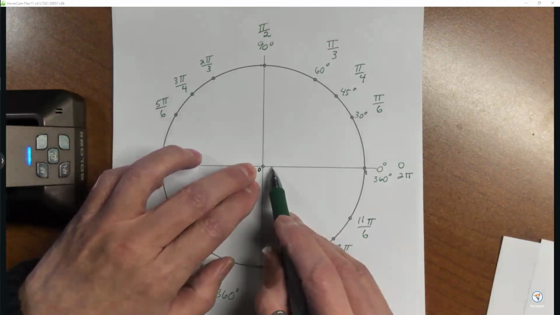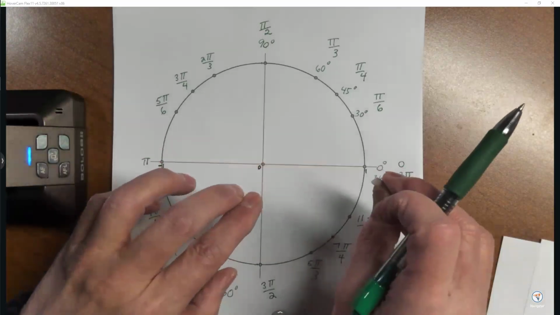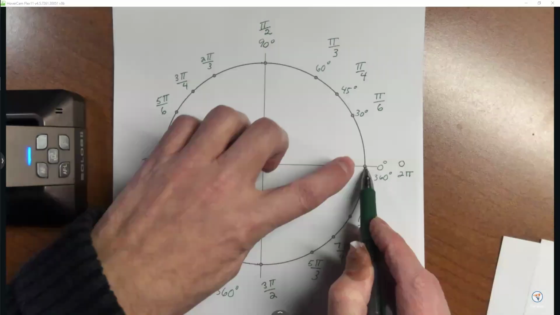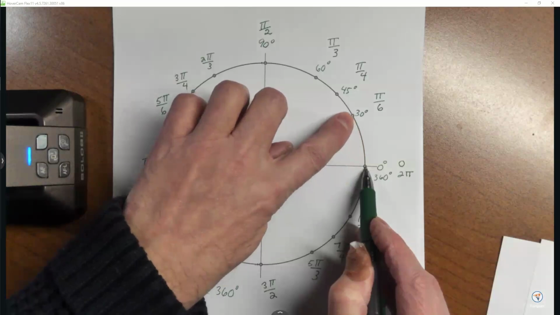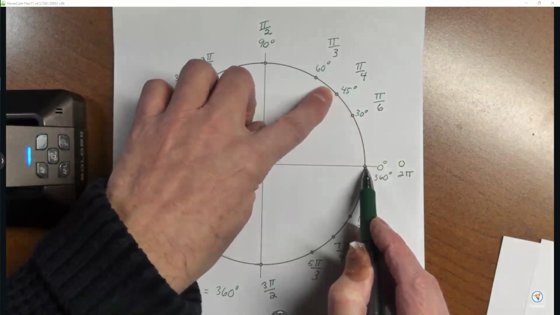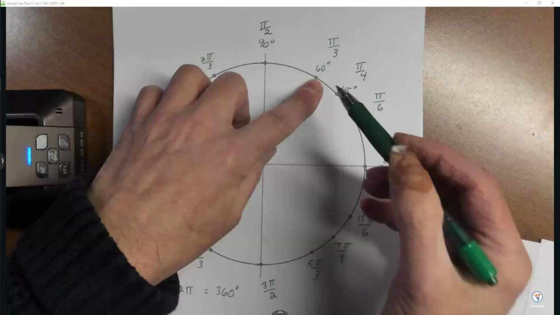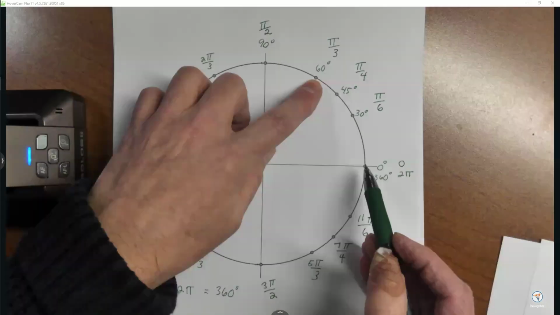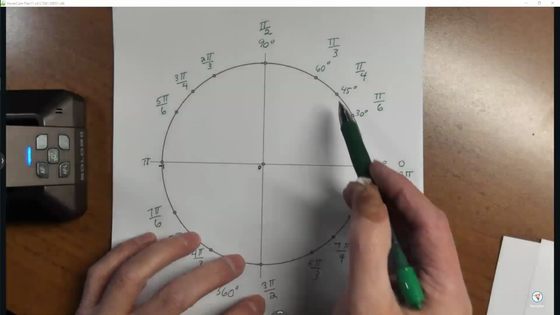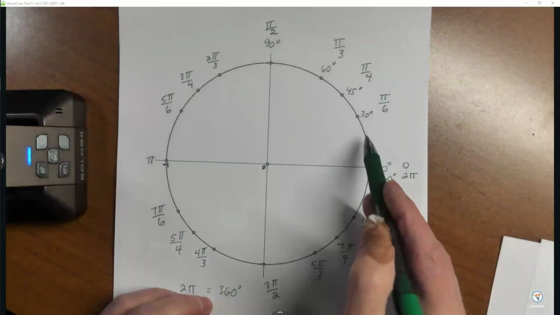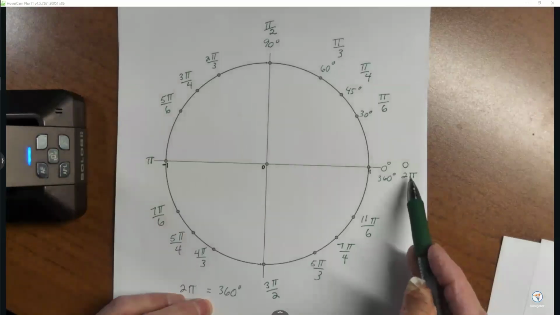Think of that as a piece of string, and I pick that piece of string up and I place one end of it here, and then I lay the string along the circle as far as it goes. Where the string ends makes 1 radian. But we don't really mark 1 radian, 2 radian, 3 radian. We know that the entire circumference of the circle is 2 pi.